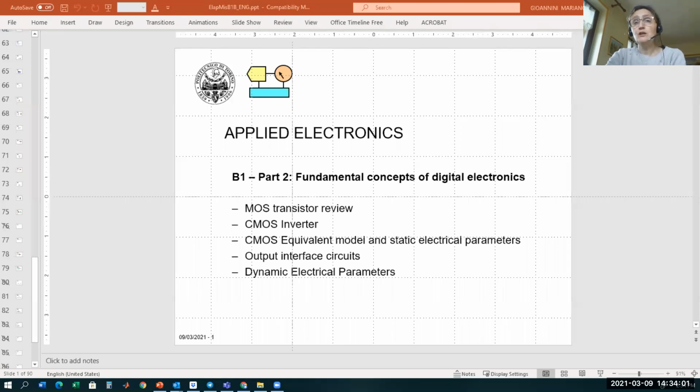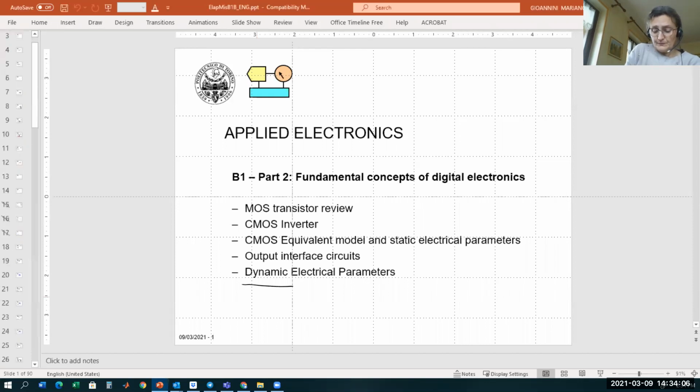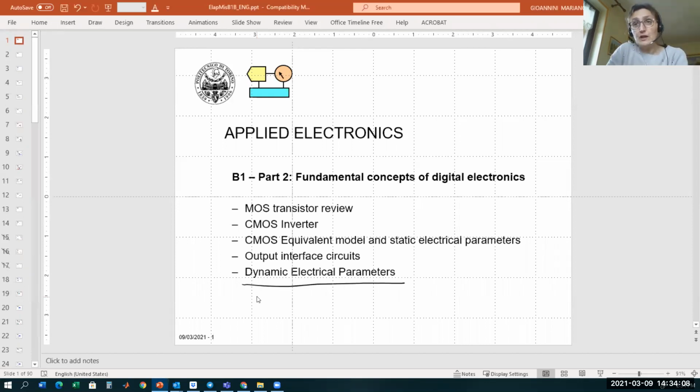So today we will introduce the dynamical parameters of logic gates. We will discuss how we can realize other logical functions using CMOS technology. We will discuss problems related to power consumption. And then we will move to the sequential circuit part, starting by introducing the concept of flip-flop.